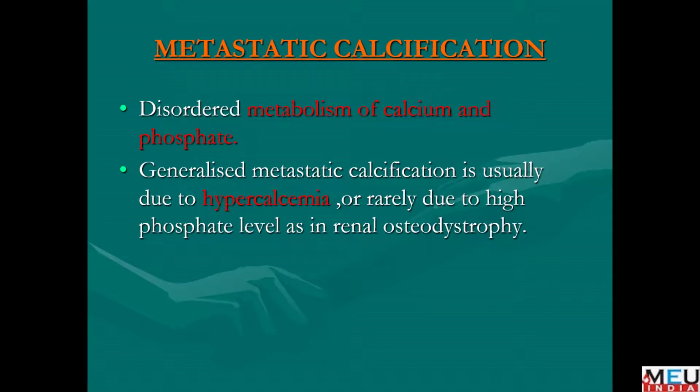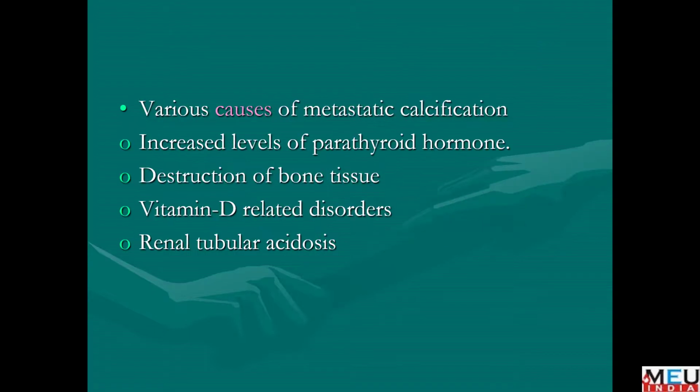The second major classification is metastatic calcification. This is due to disordered metabolism of calcium and phosphate. The generalized metastatic calcification is usually due to hypercalcemia or due to high phosphate levels, as seen in renal osteodystrophy. The various causes of metastatic calcification are increased levels of parathyroid hormone, destruction of bone tissue, vitamin D related disorders, and renal tubular acidosis.